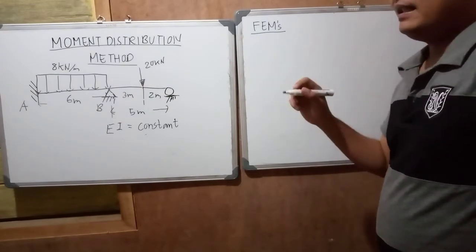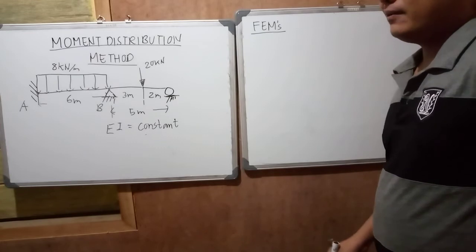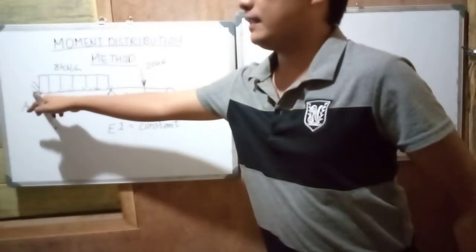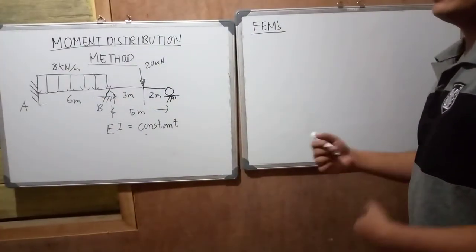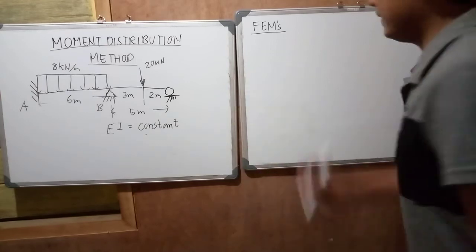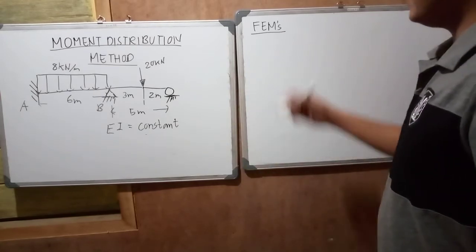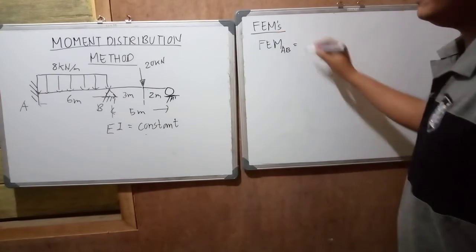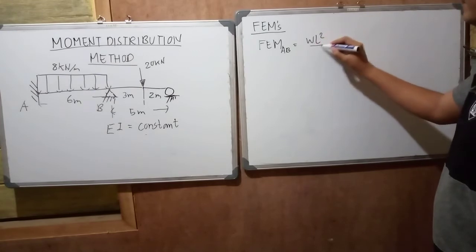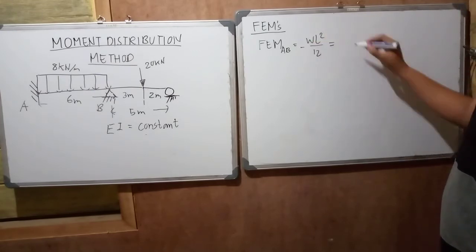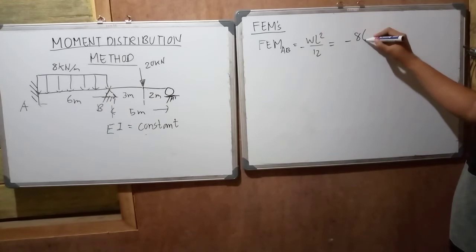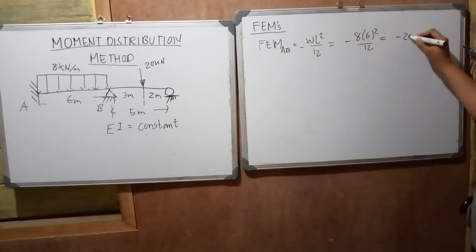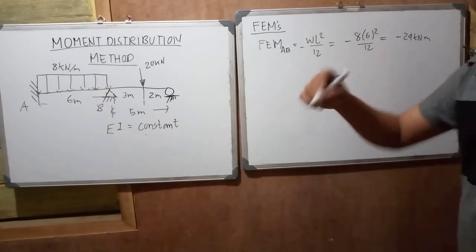In this case, we consider that at the beginning all points or supports are fixed supports, even though one is a roller support. We all know from the previous example that FEM AB is equivalent to WL squared over 12, negative. So, negative 8 times 6 squared over 12 is equivalent to negative 24 kilonewton meter. Same as the previous.